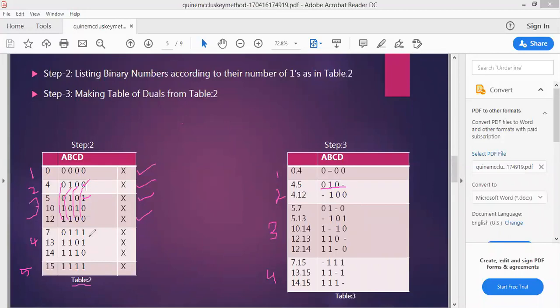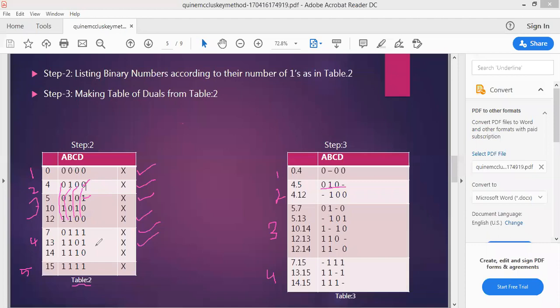Now 5 is compared with 13. Is there any difference in 5 and 13? If yes, in which bit position? A bit. In the A bit position, so it has been grouped. 5 and 13 are grouped. So I'm marking them as grouped, and the grouped bits are dash 101.